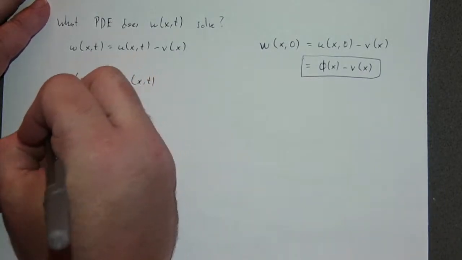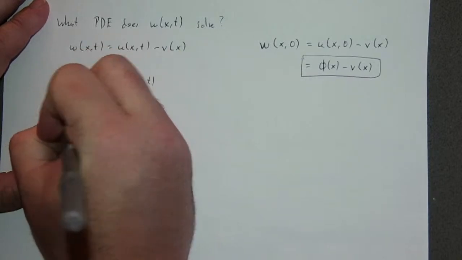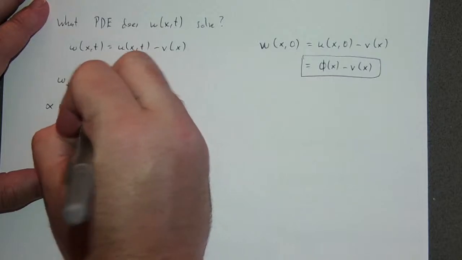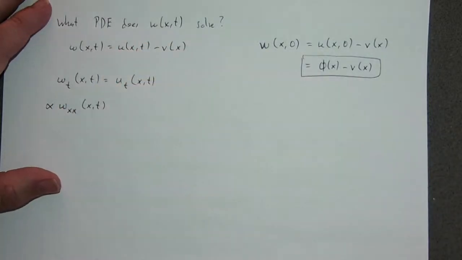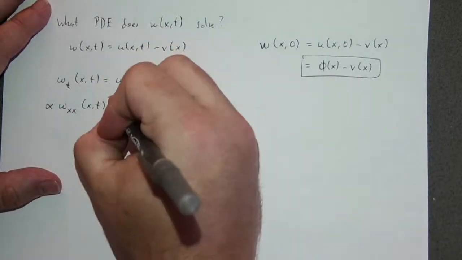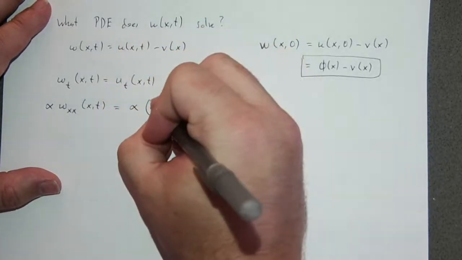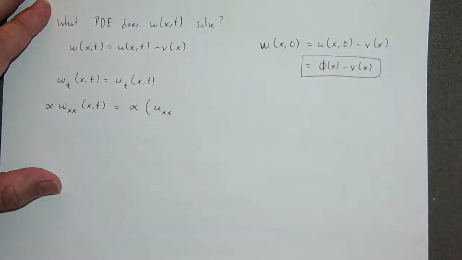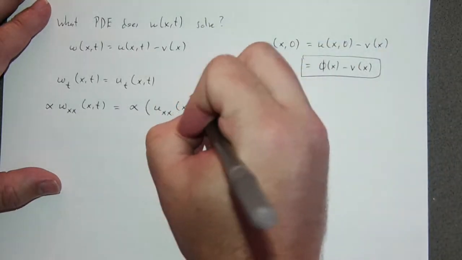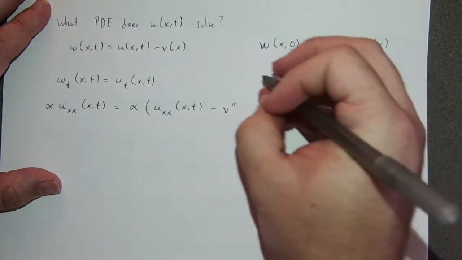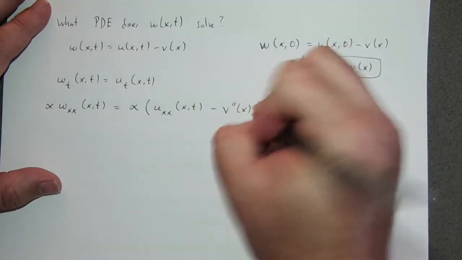What about alpha W sub xx? Well, this is going to be alpha times U sub xx of x,t minus V double prime of x.